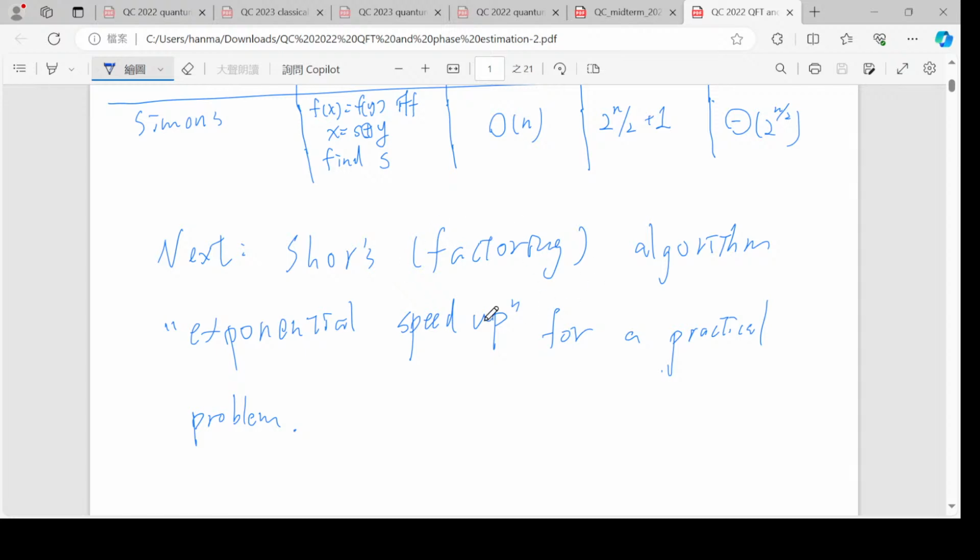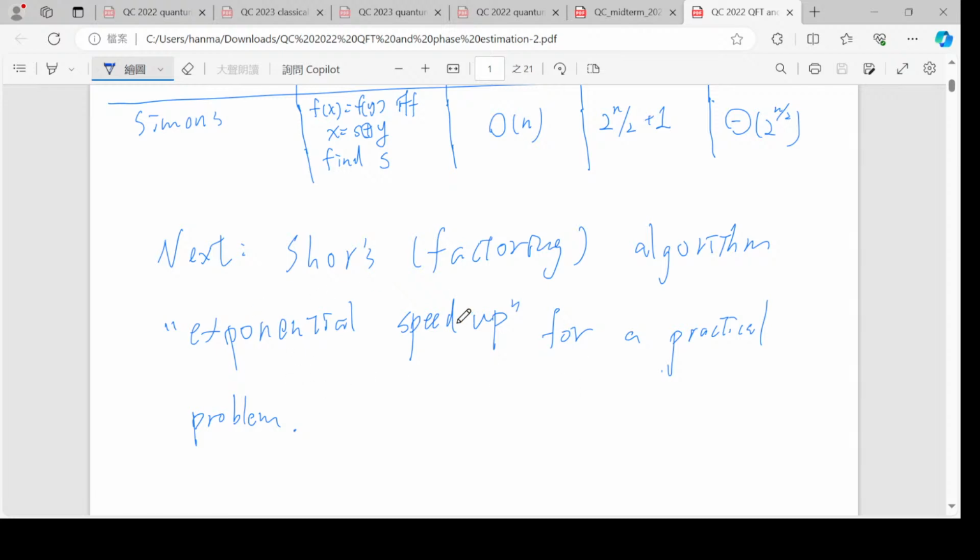It's a bit complicated, but factoring by itself is not a query problem. You give a number and you are going to find two factors. But we will see that we can think of some part of it as a query algorithm. Anyway, since it's a non-query problem, this exponential speedup is a bit weird, because we have a very fast quantum algorithm, but we cannot really prove the classical algorithm is slow. So we don't know for sure, but in practice it's an exponential speedup.